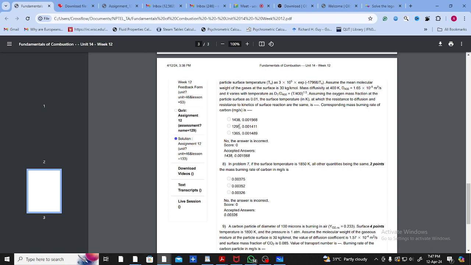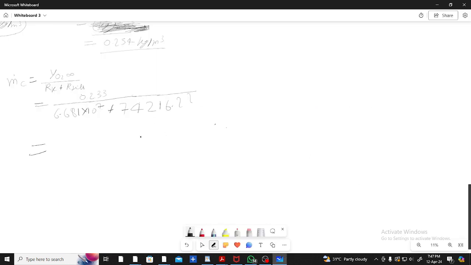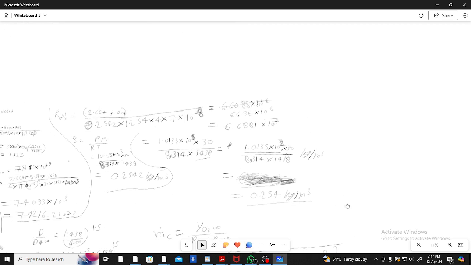Sir, you just write the equation as it is on the paper, and then you press shift and solve. The variable will be x, and you can proceed further. Okay, okay. So I will see.